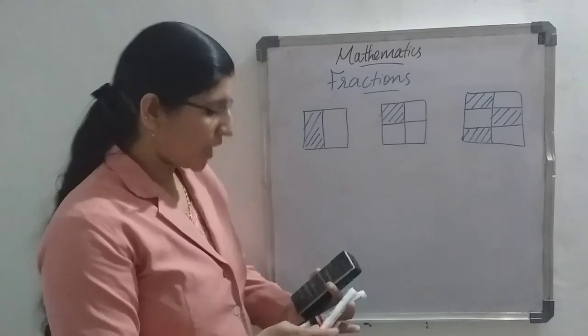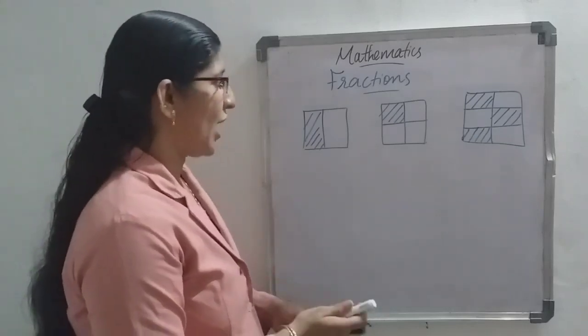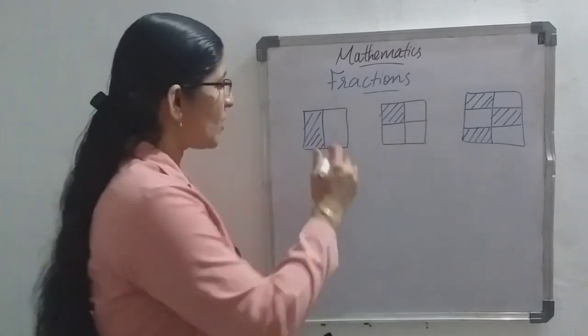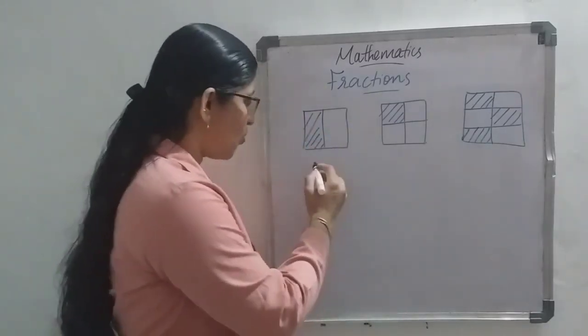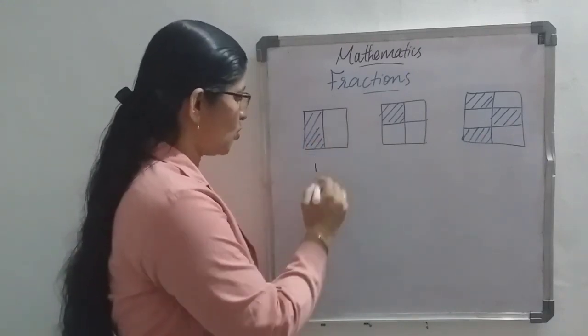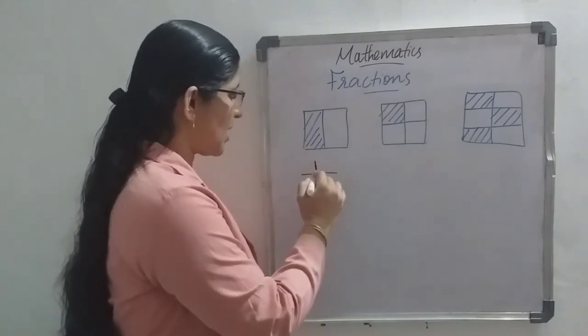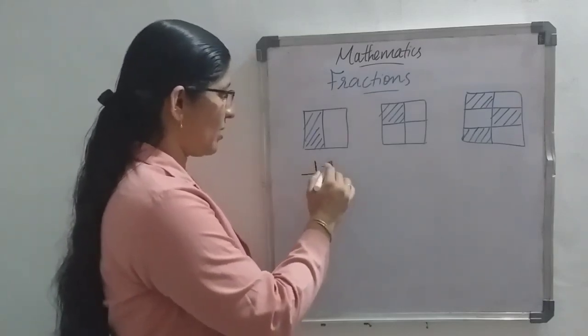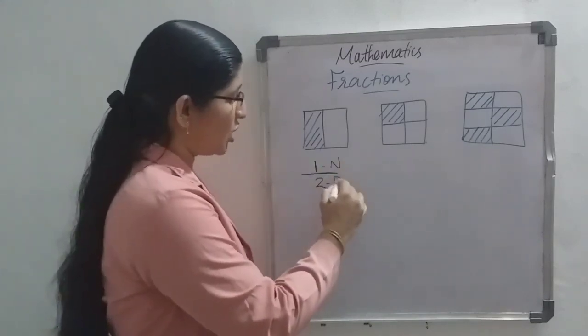So here, look, I have drawn three pictures. You need to write the fraction of the shaded part. So what's the fraction of the shaded part? Here how many parts are shaded? One part is shaded. What's the total number of equal parts? 1, 2. So by 2. We already know that the number we write above the line is called the numerator, and the number we write below the line is called the denominator.